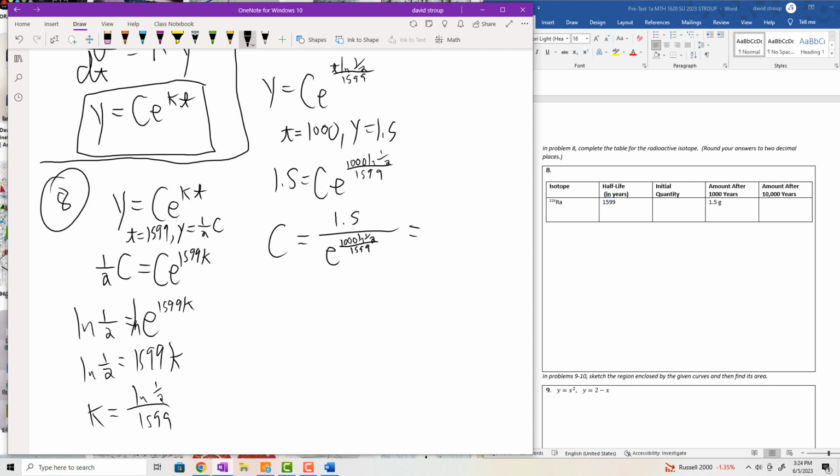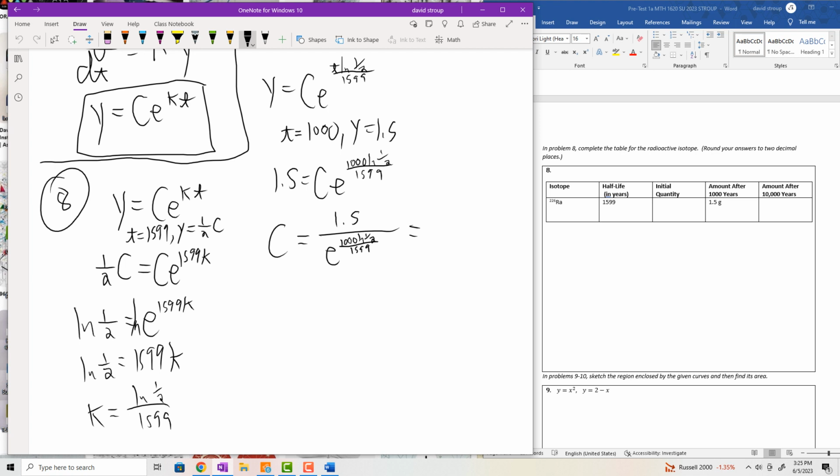And I say round your answer to 2 decimals, so we'll take that critter and rewrite it. So we have, what is it, 1.5 divided by, I'm just doing this in my calculator real quick, e to the 1,000 times ln of 1/2 divided by 1599.